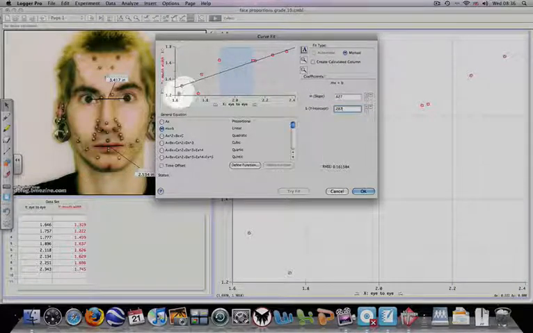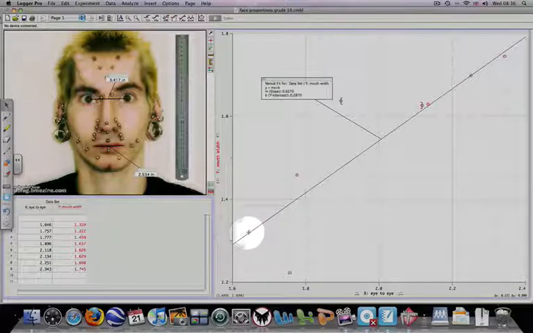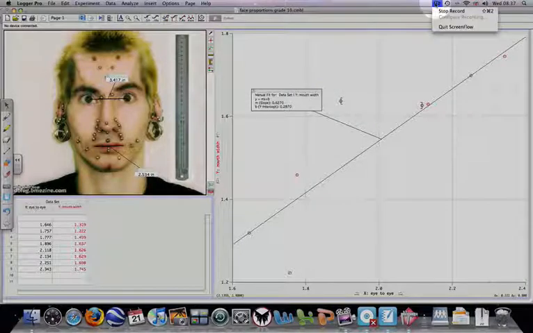It gives you a little preview. When you push OK, it looks pretty good. You can see it goes straight through those 2 points I picked, and it describes that trend pretty well. So go ahead and give that a try with your data, and stay tuned for part 3.